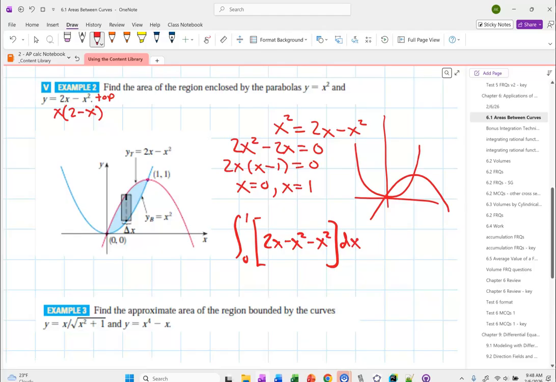Everybody good with the setup then? Is it 1 to 0? Yes, that was where they crossed. Exactly. Or where they meet. So I'll combine those x squareds. And then we're just doing antiderivatives.